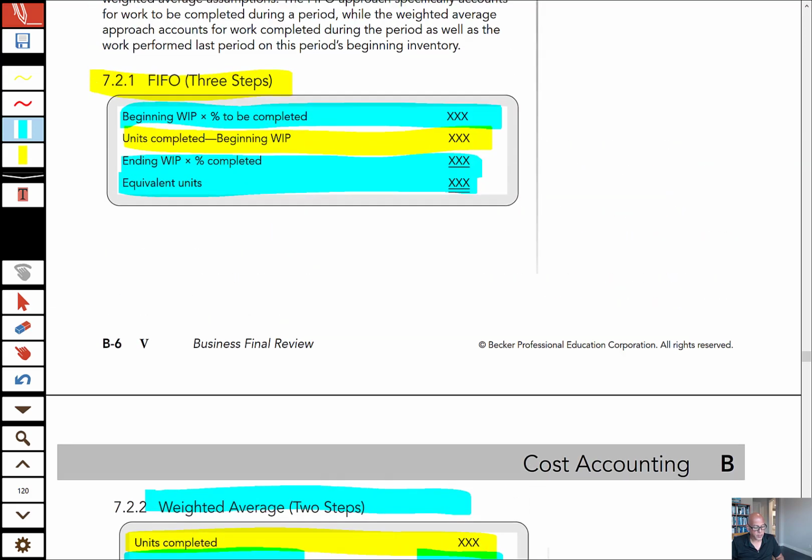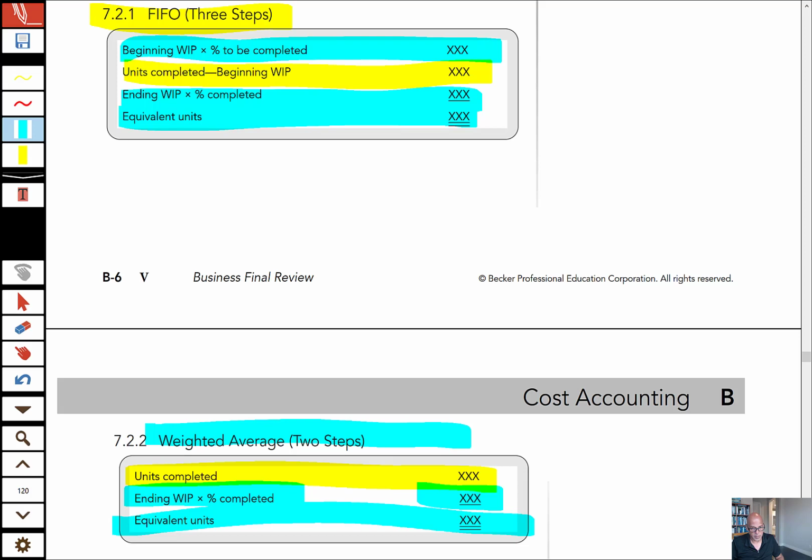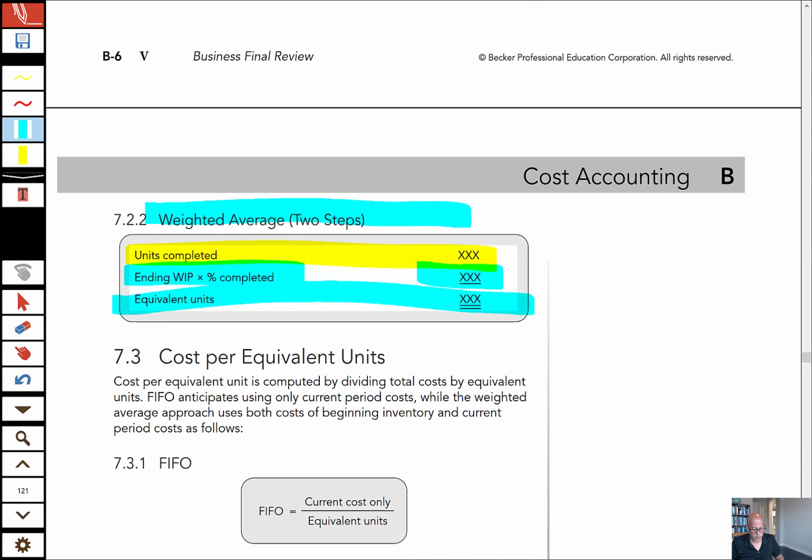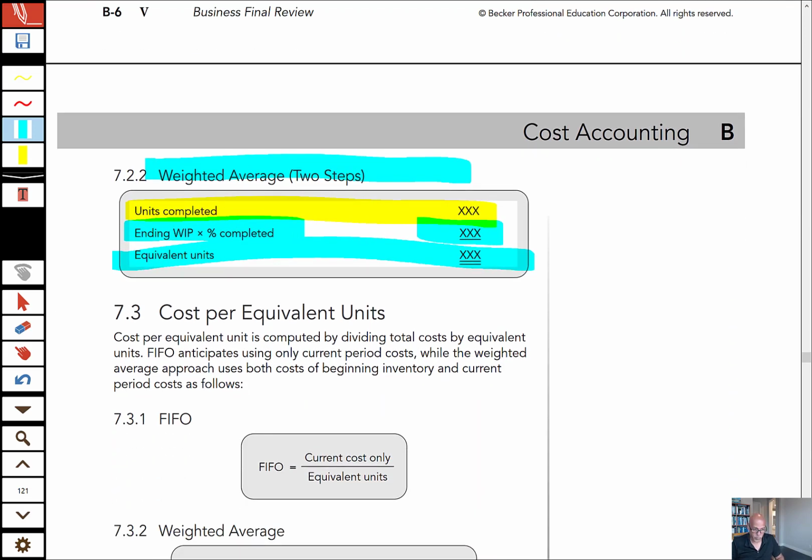I'm not calling out flashcards, guys, here, but I think you can see you absolutely have to know this, because nobody wakes up in the morning saying, oh yeah, weighted average method, yeah, FIFO method. You've got to put that on your flashcards. You need to look at that on exam day, the day you're sitting in your car going through your flashcards one more time prior to the exam.